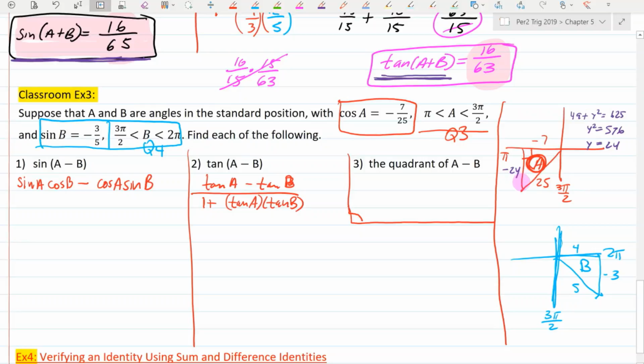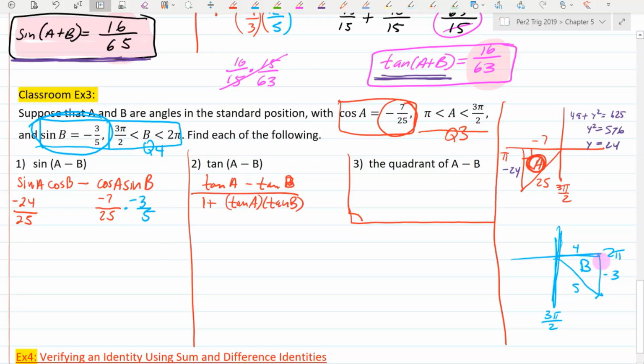It's negative. So now let's fill in everything we know over here. For sine of A, it's negative 24 over 25. Cosine of A is negative 7 over 25, because that was given. Sine of B is negative 3/5.